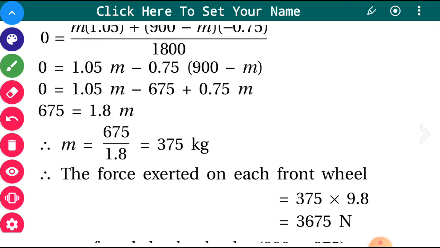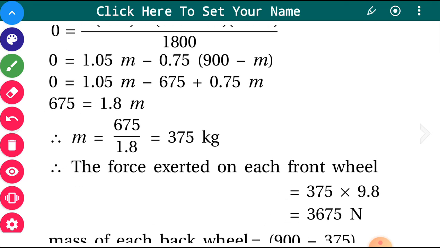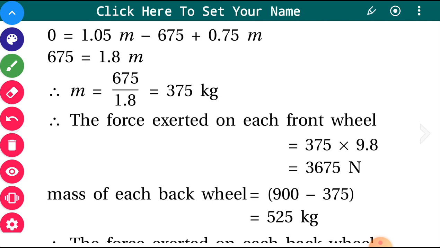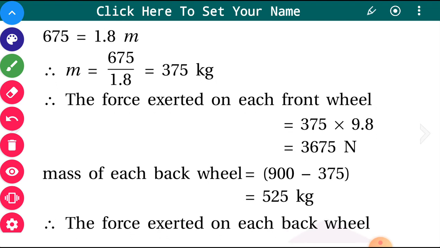Now m can easily be calculated. You can make m the subject of the formula, and the mass on the front side is 375, so its weight will be 375 into 9.8, that is 3675. Behind, each wheel will have 900 minus 375, because we had two wheels, so it has been divided by 2.